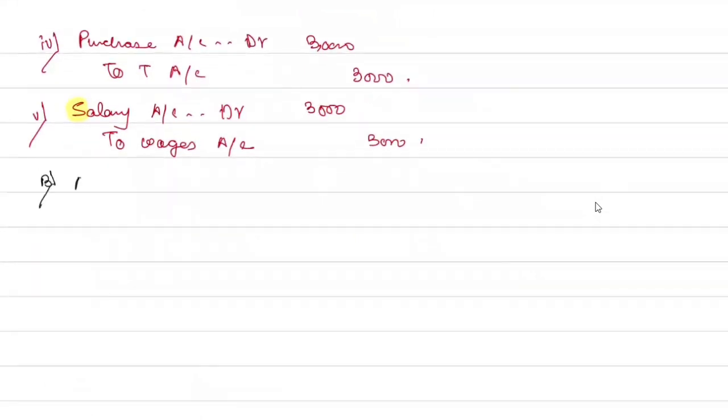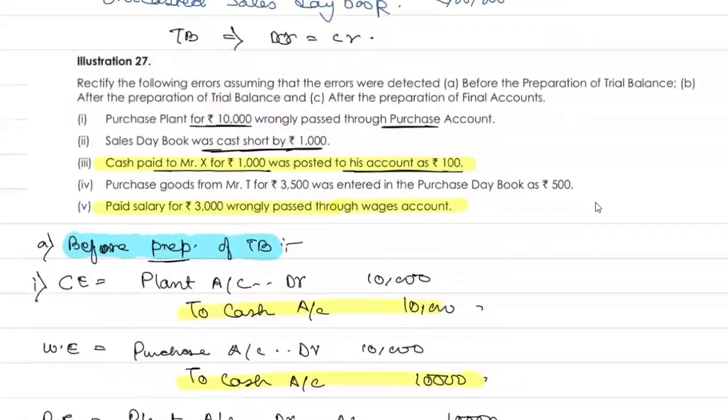Now we'll do part B, that is after preparation of trial balance. So what will be the entry one?